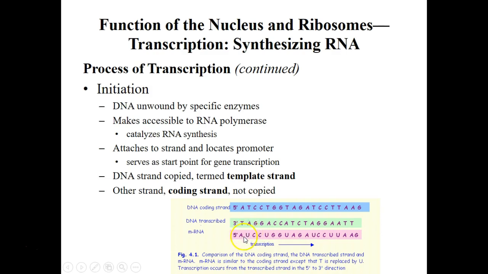The only difference between this messenger RNA and this coding strand is that wherever we had a T up here, we have a U. Do you see how this is identical except where there are T's, we now have U's?